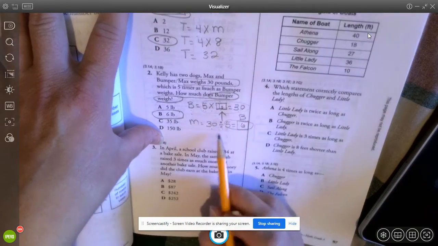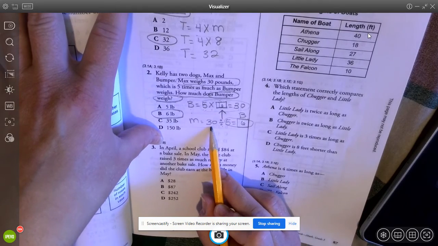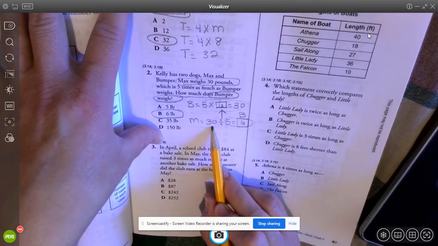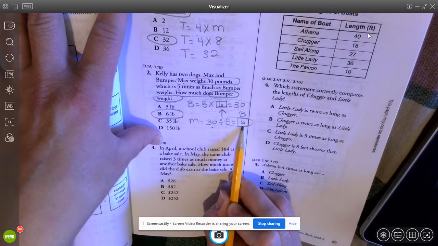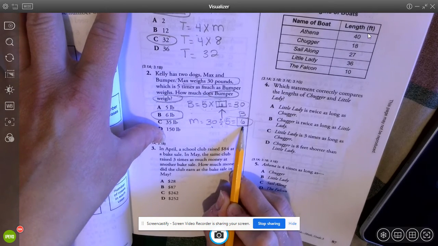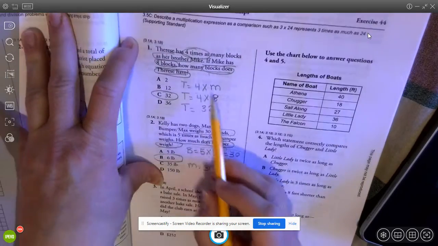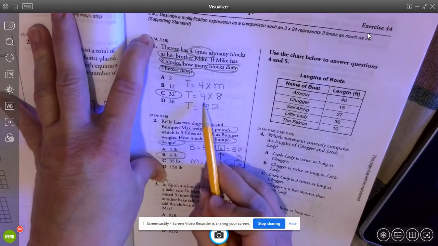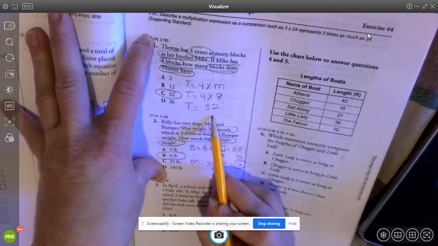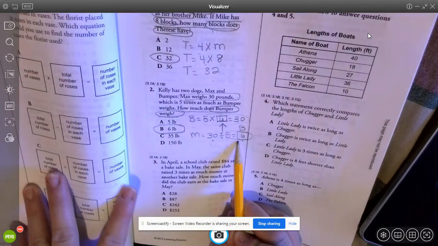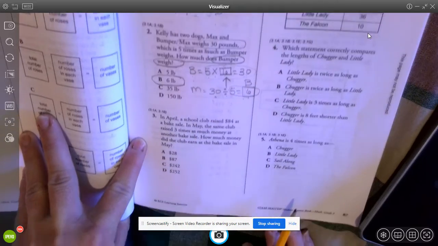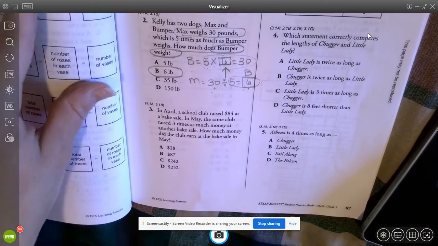So if they already gave you a total, and they say this is 5 times as much as what you're looking for, then you have to find a smaller amount. But up here, it was saying 4 times as much as this. So you're trying to find the total. They already gave you a total. You're trying to find a part. Gets a little confusing.